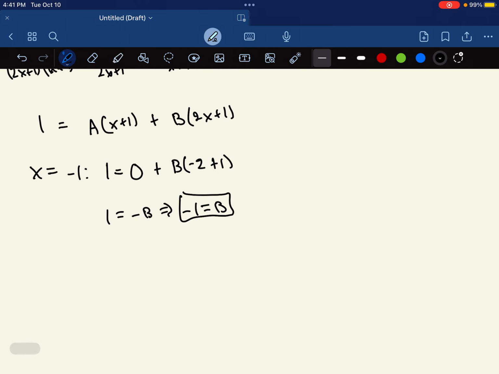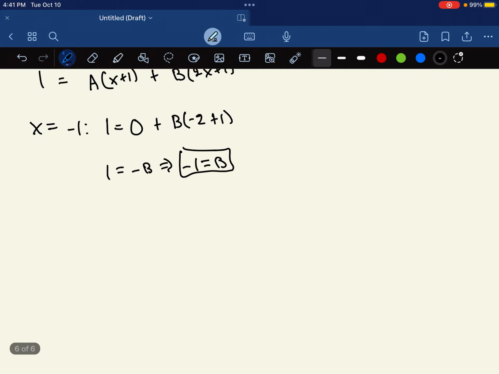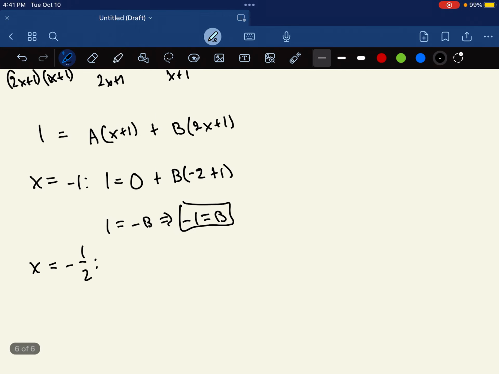Now for finding A, we can set x to equal -1/2. X equals -1/2, because if x is -1/2, then 2x plus 1, 2 times -1/2 plus 1, is -1 plus 1, which is equal to 0.